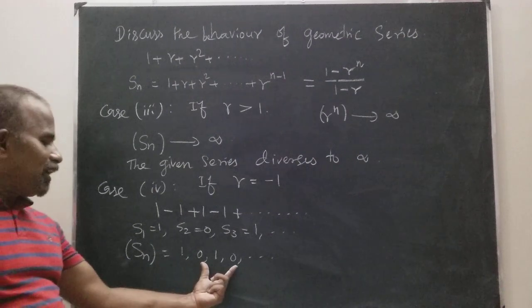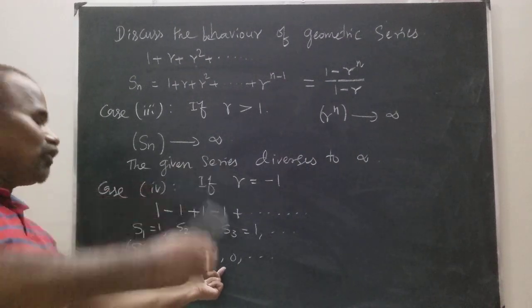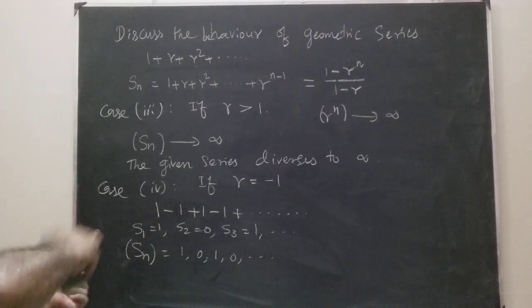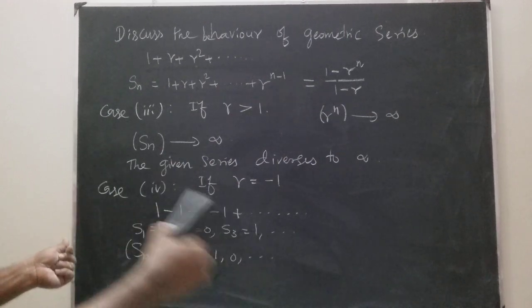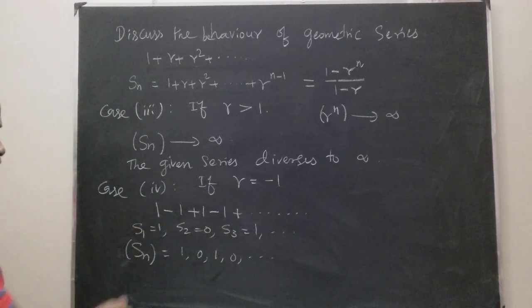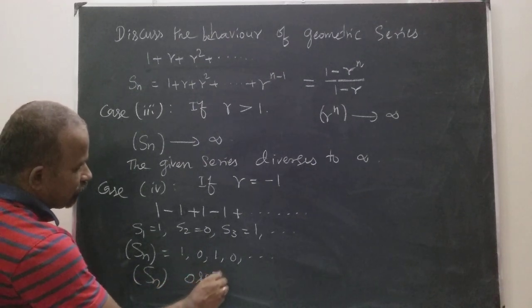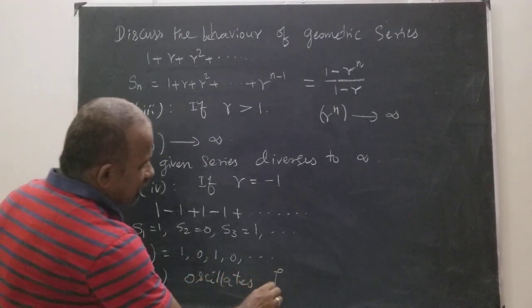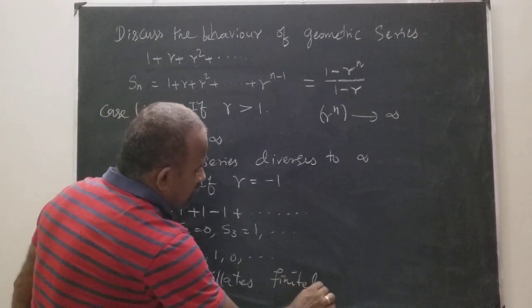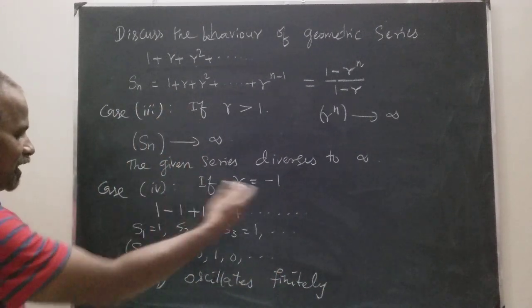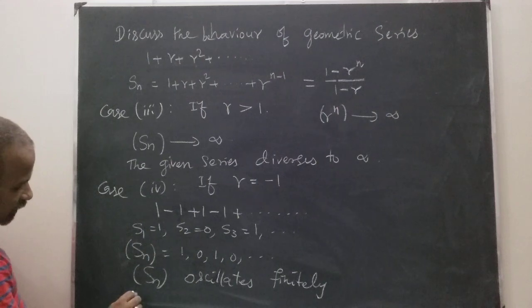This sequence, we know that this sequence is an oscillating sequence. 0, 1, 0, 1, 0, 1, that is, it oscillates finitely. Therefore, the sequence Sn oscillates finitely. Therefore, the given series oscillates finitely.